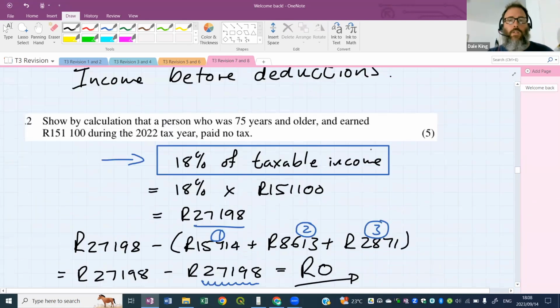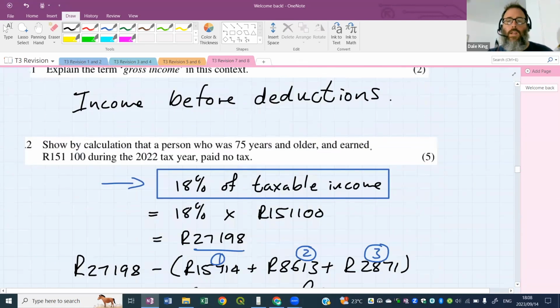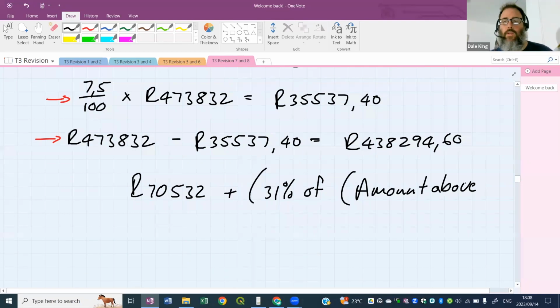What was the amount? 337,800. I'm going to write it just over here, the amount above 337,800. So that is the calculation we need to use here.